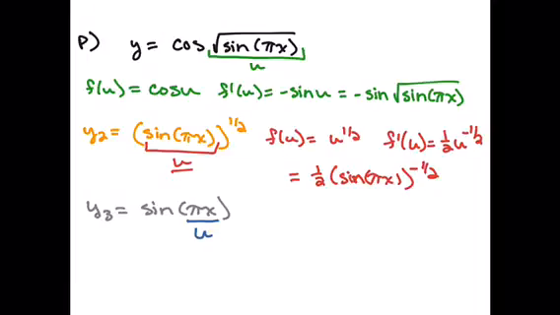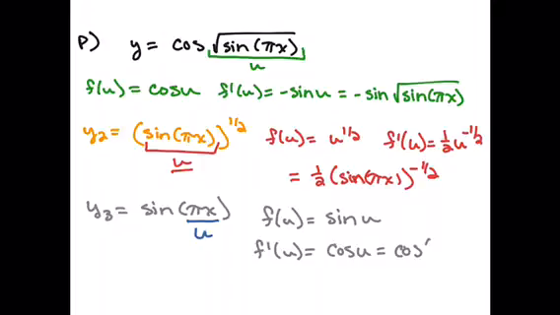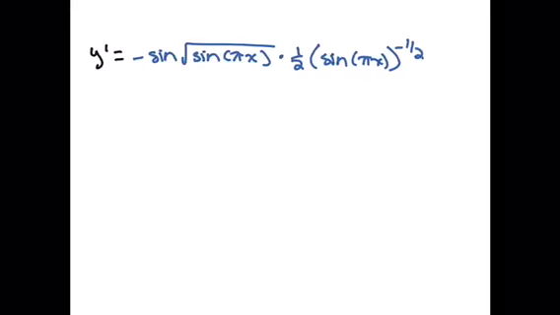My function in terms of u is just sine of u. Its derivative is cosine of u, or cosine of pi x. And that'll be the next piece of our derivative. So I'm going to multiply this by cosine of pi x.